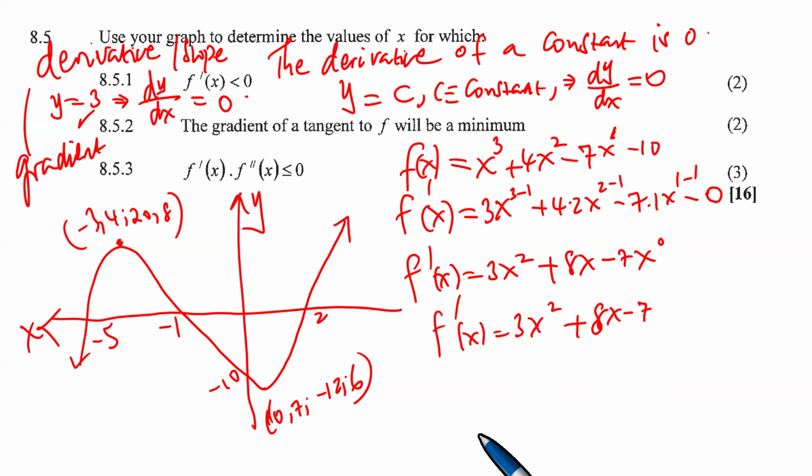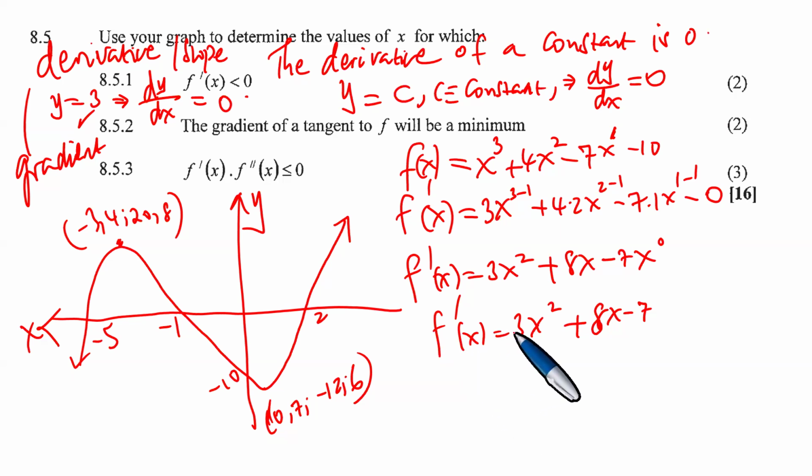Use the graph to determine the values of x. We need to find the values of x for which the gradient of a tangent is a minimum.